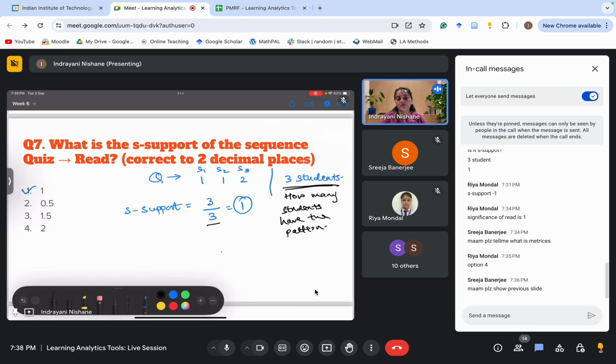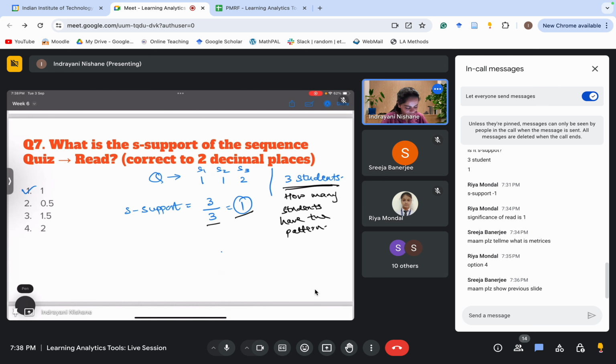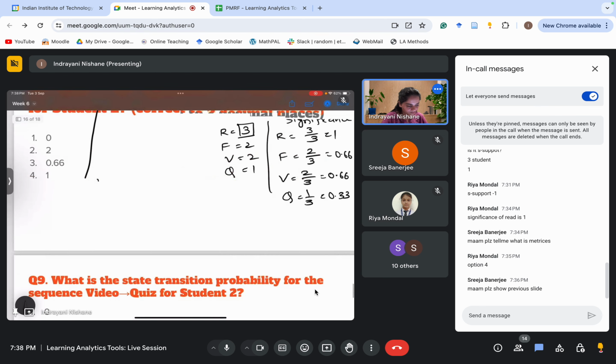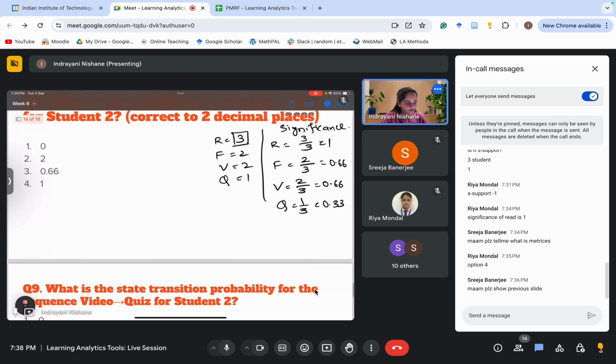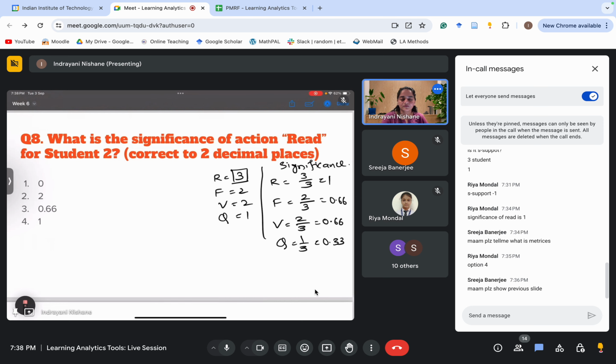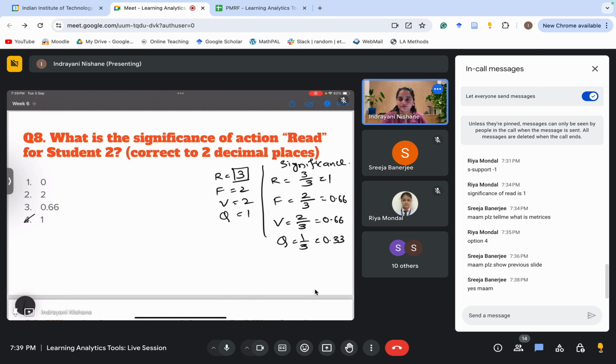And we divided that by the total number of students we have, and we got this as support. Can we move on to question 9?